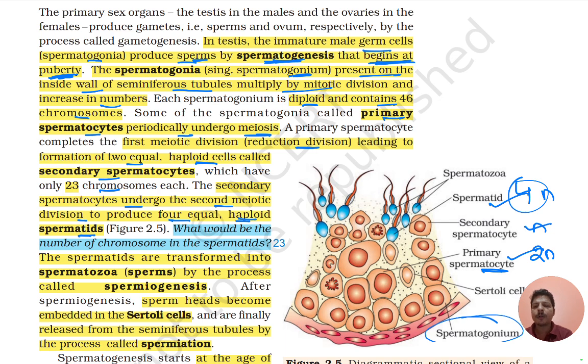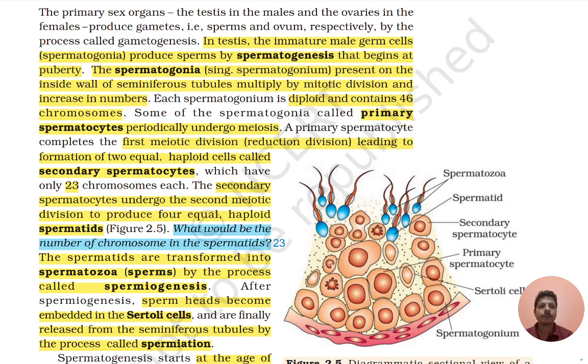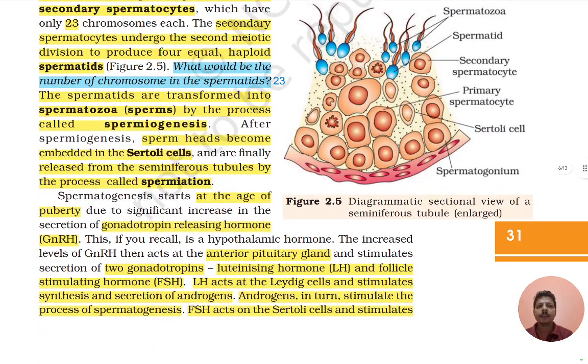What will be the number of chromosomes in the spermatid? It will be 23. The spermatids are transformed into spermatozoa by the process called spermiogenesis. Next, after spermiogenesis, the sperm head becomes embedded in the Sertoli cells.